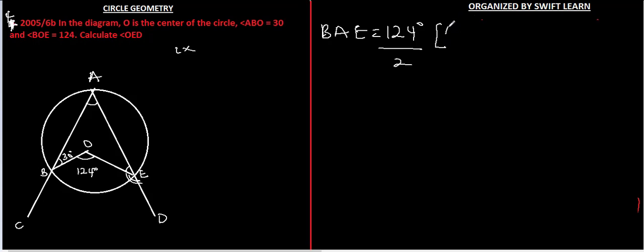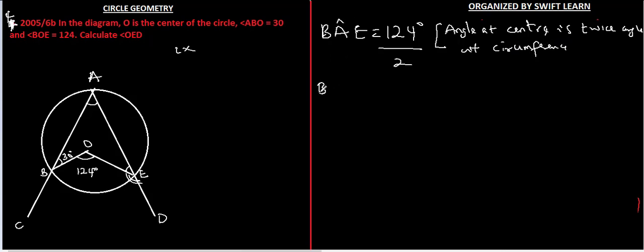That's angle at center is twice angle at the circumference. So now BAE is equal to what? 62 degrees. Are you with me?